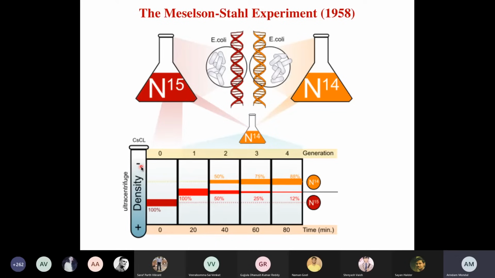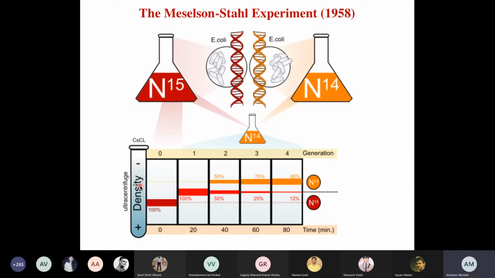Now, say for example, you take a little bit of DNA solution, an aqueous solution of the DNA, and put it on the top of this gradient, and then you rotate it at maybe 40,000 RPM. What will happen?